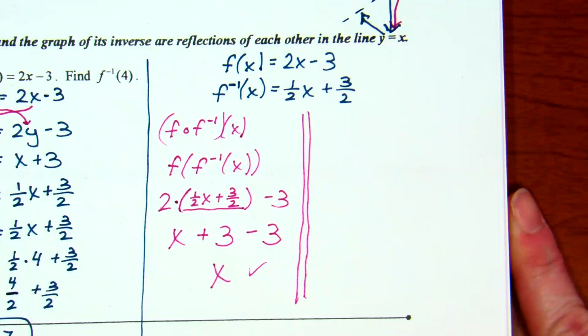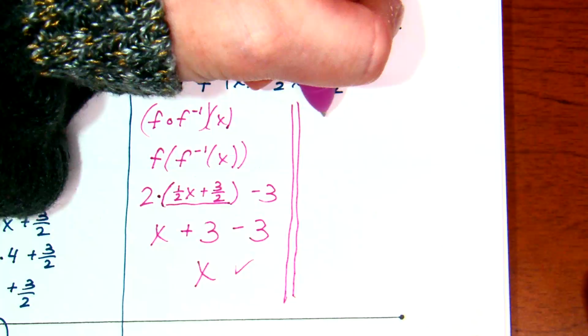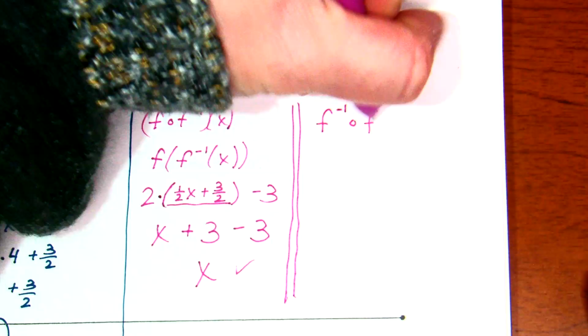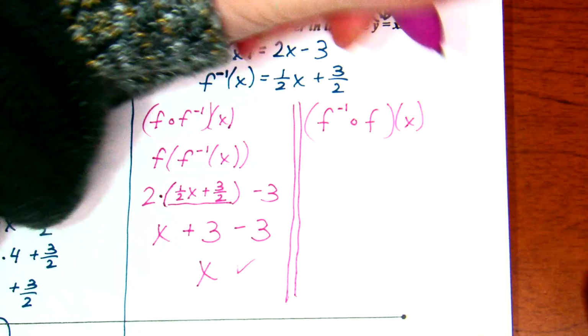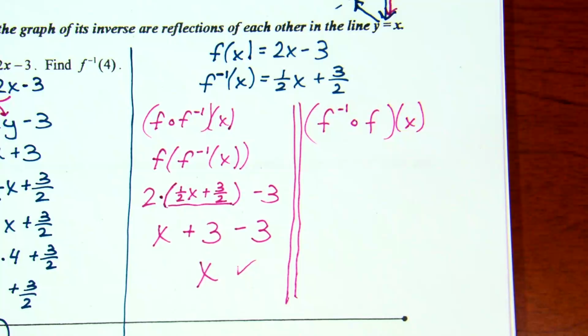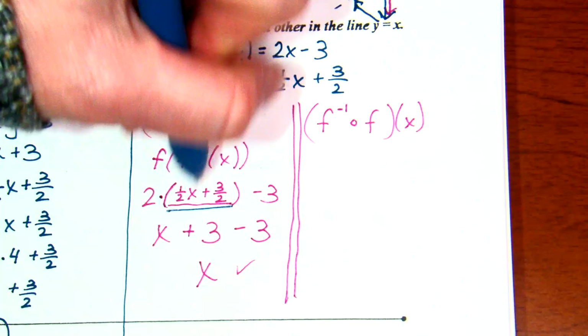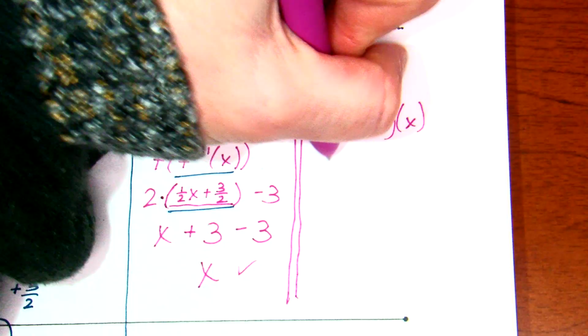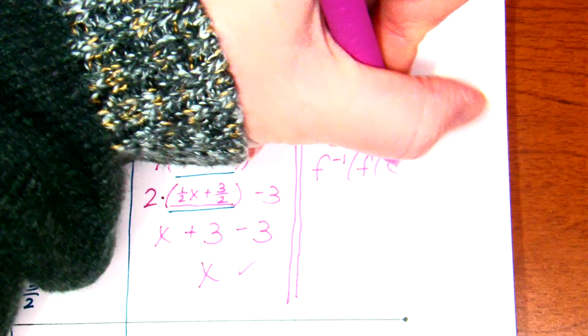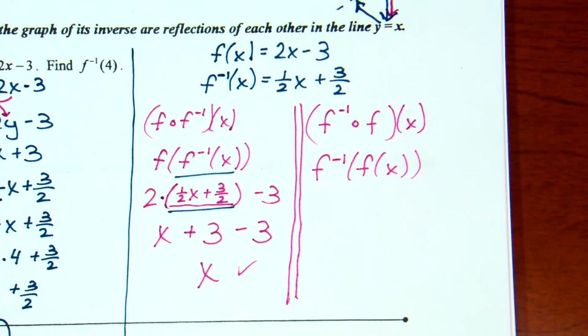So the other way means we're doing f inverse composed with f of x. So reverse what I'm doing here, yes? This time, f inverse of f of x. So we're taking what?